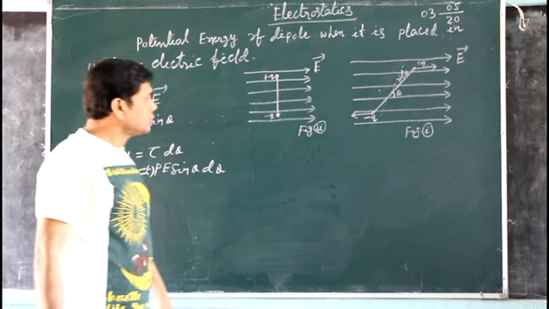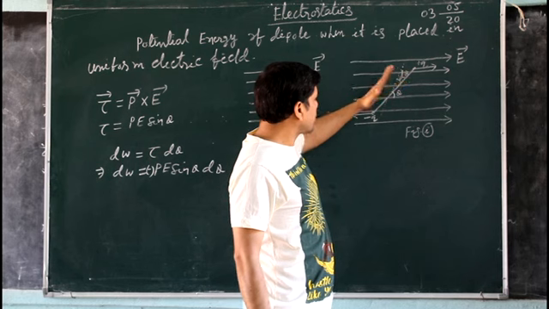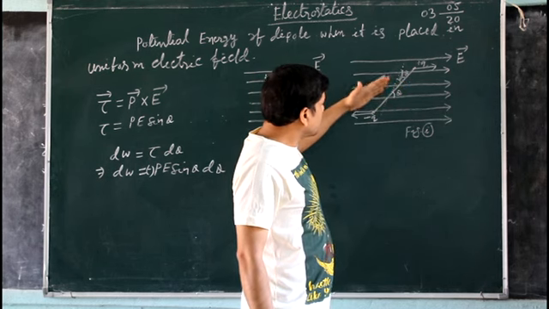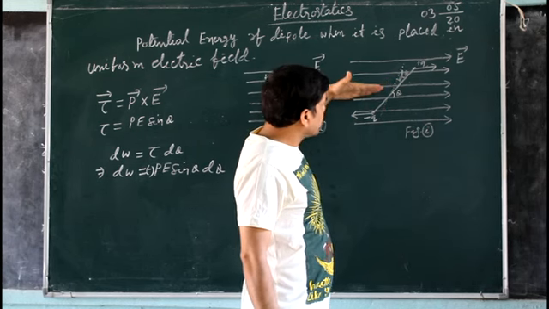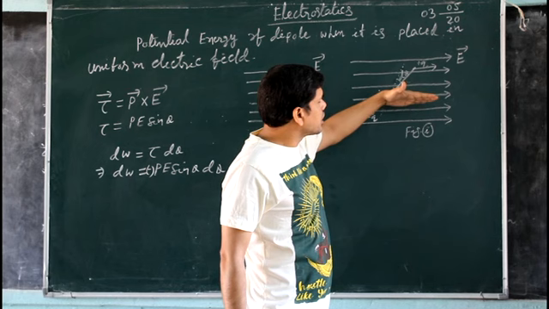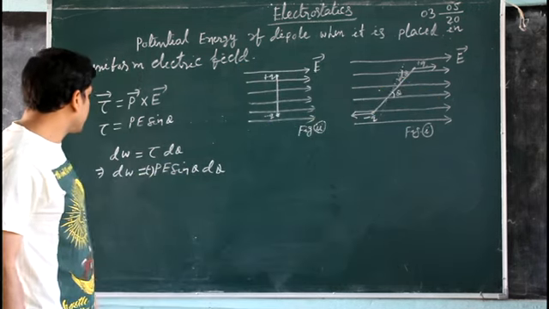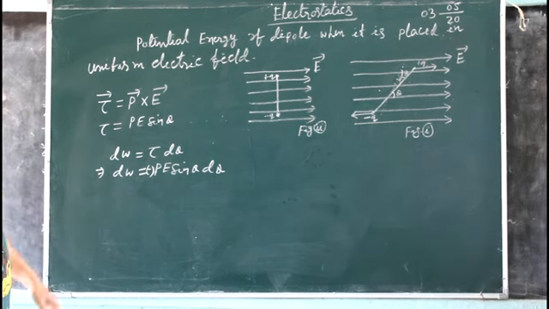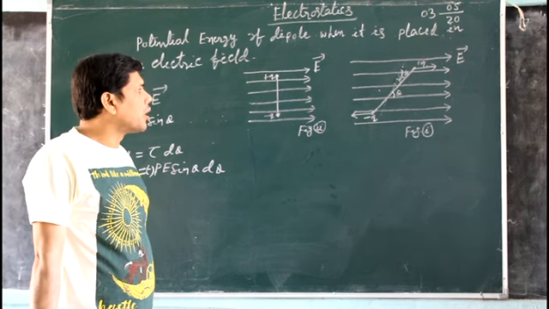Because theta is increasing along this direction, the direction of the torque is into the board, and the direction of the electric field is along this direction. So we can say that the angle between the direction of d theta and the torque is 180 degrees.